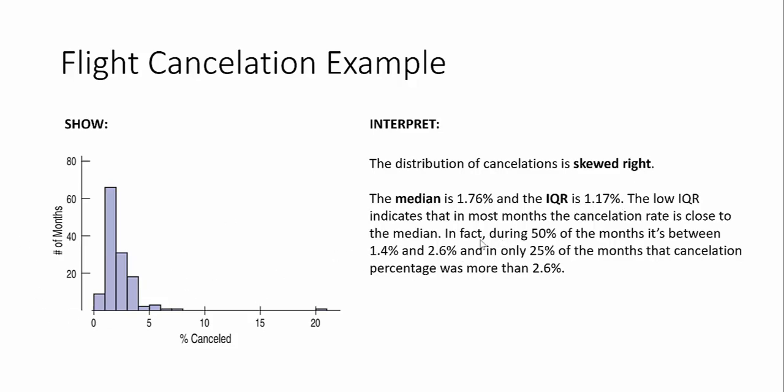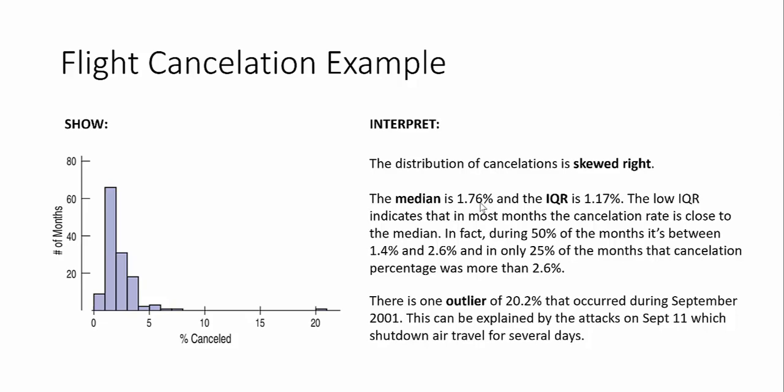They already figured out this IQR. That was an actual calculation, and in only 25% of the months, it was more than 2.6. That's the part above the Q3. That's over here. These are all things that we could have said just by looking at the picture, but now putting it into words is your interpretation, right? And we want to do that thoughtfully.